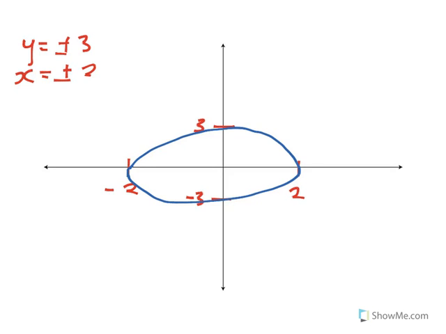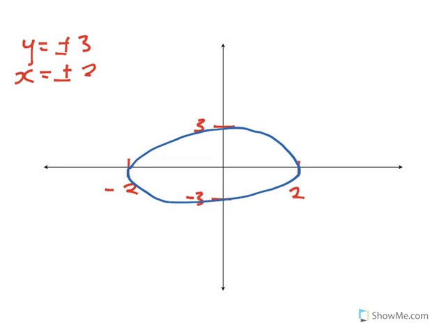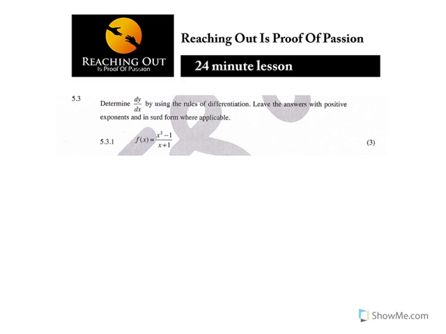What they want to see, remember, the question is show the values of the point of intersection with the axis. Show the values. So they want to see that 3, that minus 2, the 2, and the negative 3. Then they will give you, I think it's 3 marks, for that. Remember, this is your y and this is your x. So that is what they needed there.